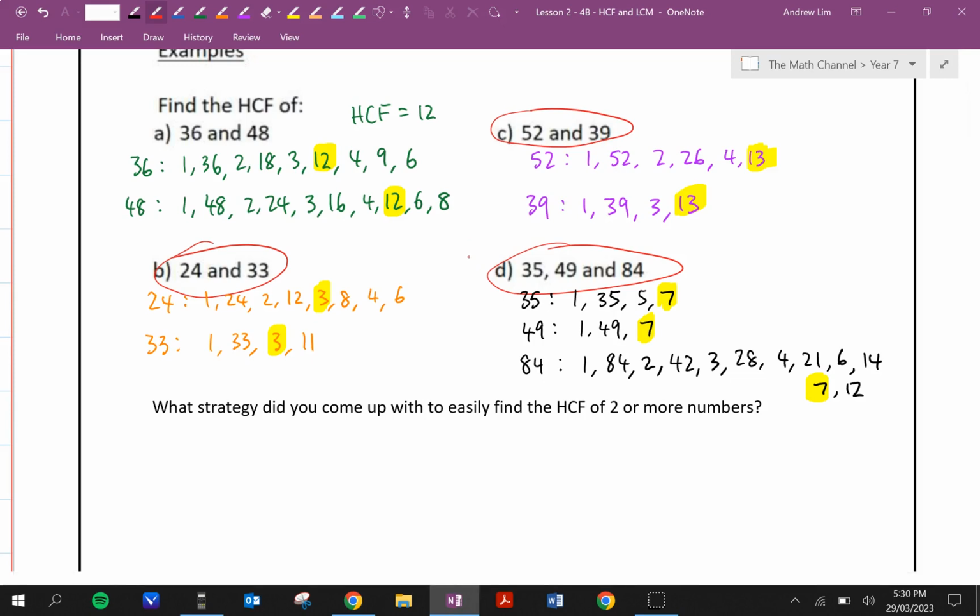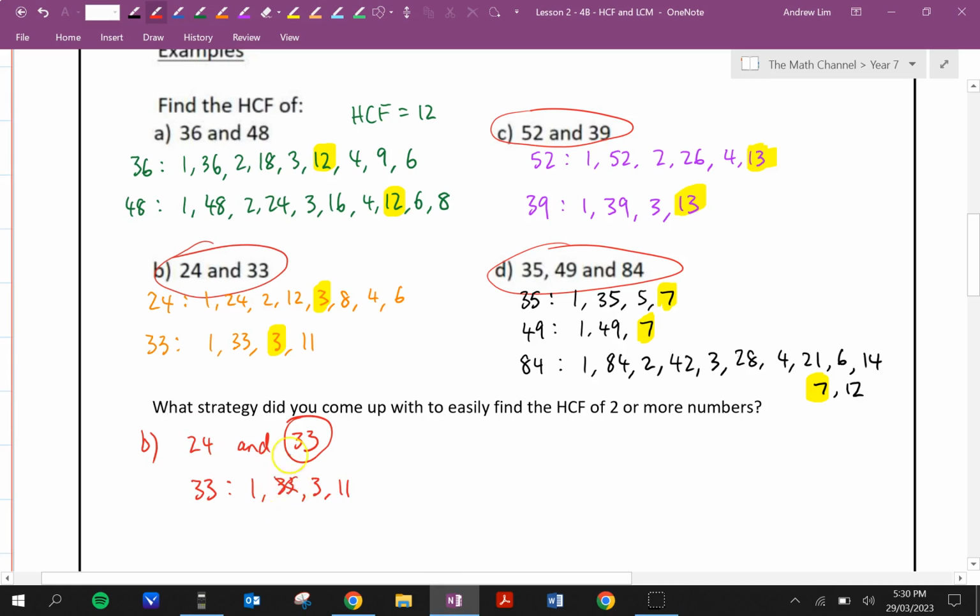So for example, in question B, 24 and 33, I would think 33 would have fewer factors. So I would write down the factors of 33 only. 1, 33, 3, 11. Then I'll say, okay, can I divide the 24 by the highest number?